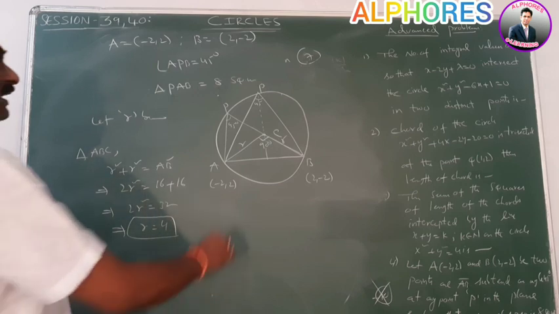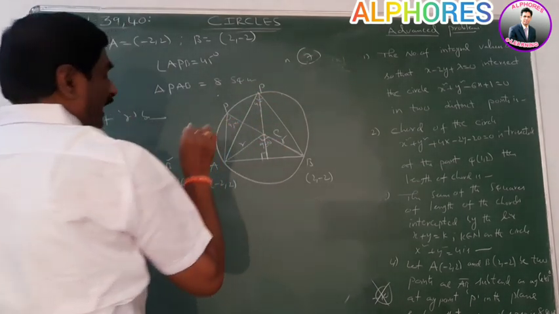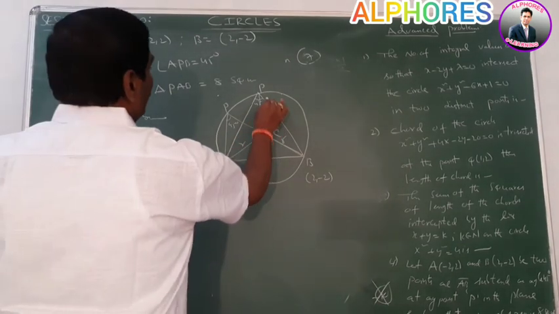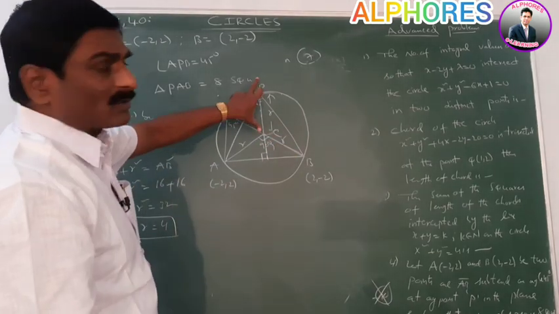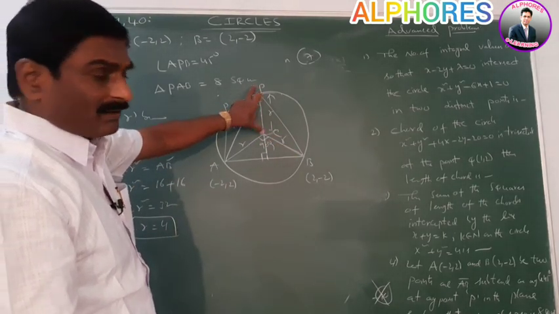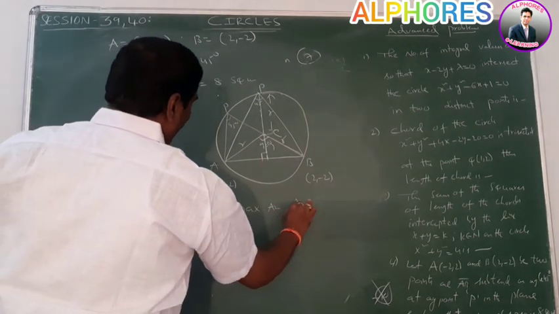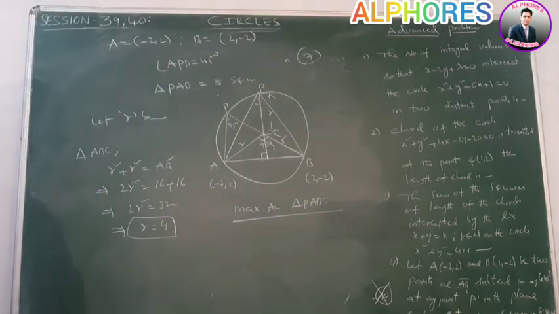Okay. Here, radius of the circle 4 means the maximum possible height of this triangle. This is R. This value plus this value is equal to the height of the triangle PAB. For getting maximum area of triangle PAB, AB is constant.